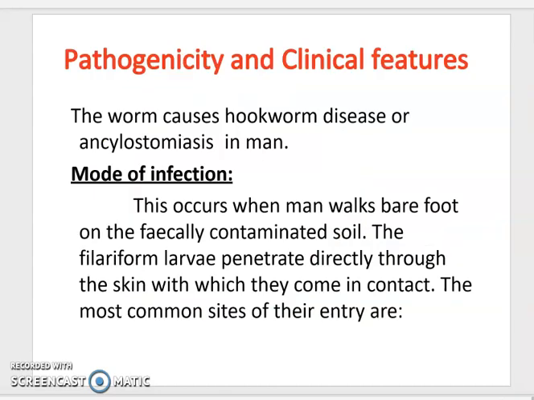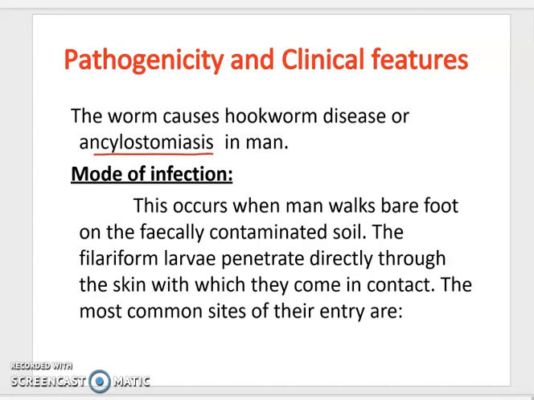Then about the pathogenicity of this worm, the worm causes hookworm disease or ancylostomiasis, a disease caused by this Ancylostoma duodenale. The mode of infection is that it occurs when a man walks barefoot on fecally contaminated soil, and the filariform larvae penetrate directly through the skin.